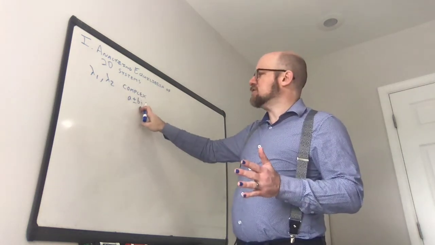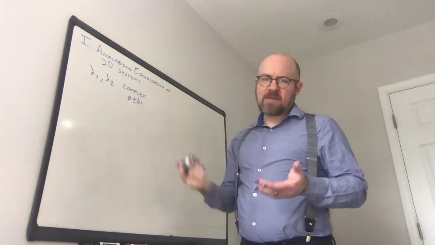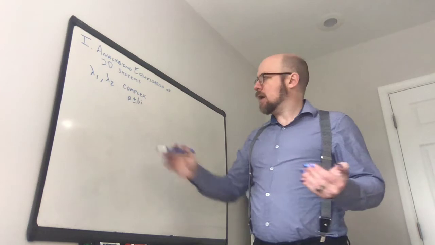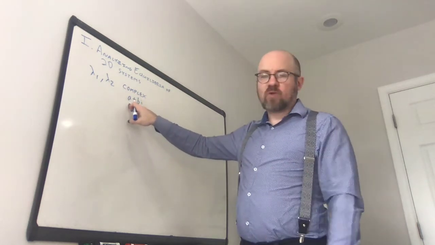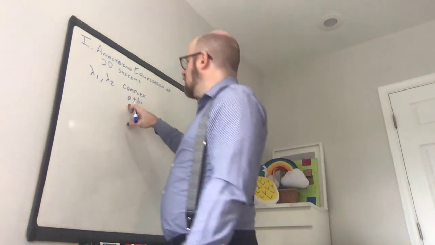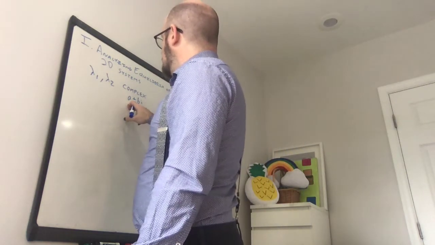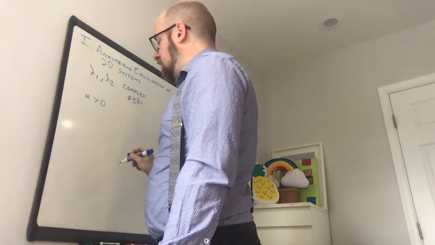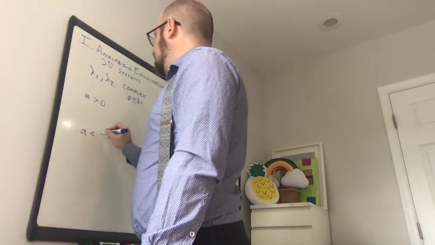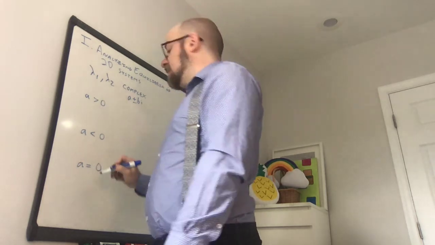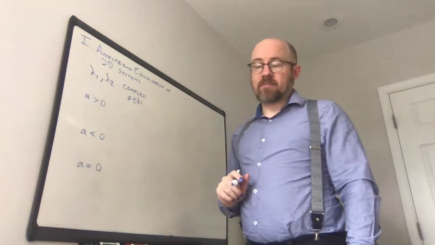The imaginary part doesn't actually end up mattering as much. What's going to matter is whether this real part, a, is positive or negative. So there are three situations: either a is greater than 0 for both of them, a is less than 0 for both of them, or a is equal to 0 for both of them.